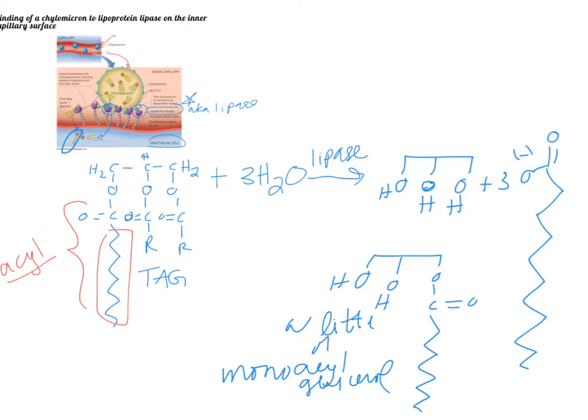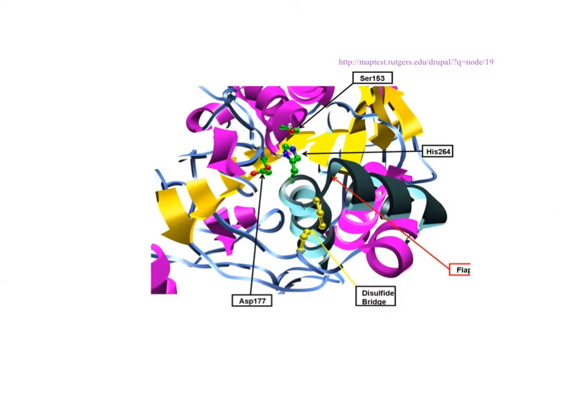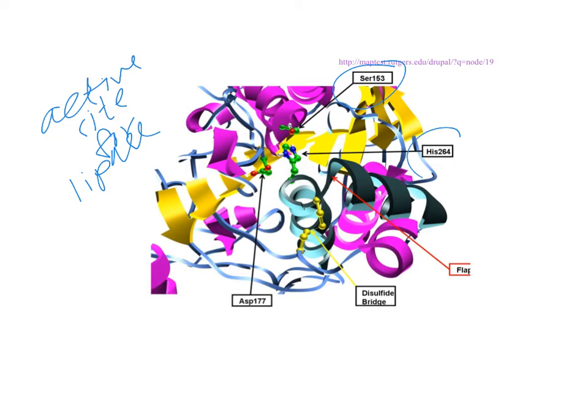Okay, so just to remind you, this is the active site for lipase. And you'll notice it has a serine, a histidine, and an aspartic acid.